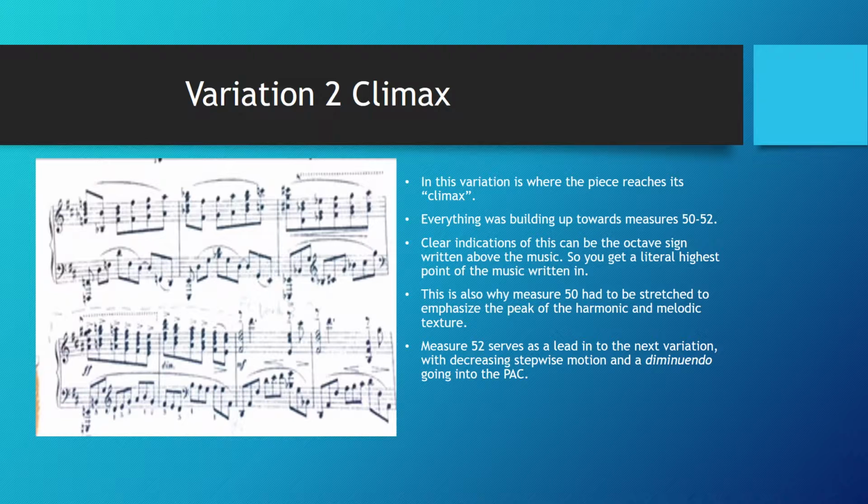Then in measure 52, it starts decreasing. The dynamic is diminuendo, so everything is decreasing, and the melody is going down by step. You're slowly coming off the climax. And then, on the first beat of measure 53, you reach the PAC, which means we're on to a different variation.